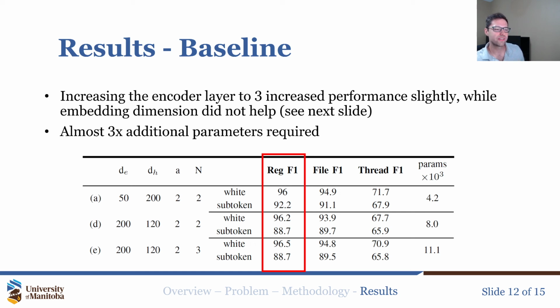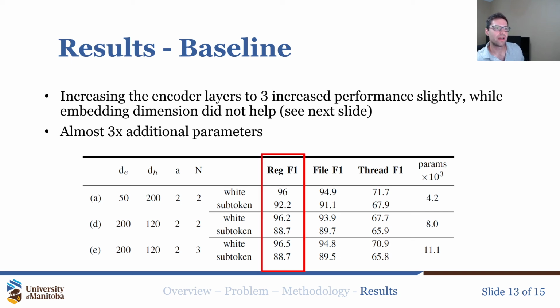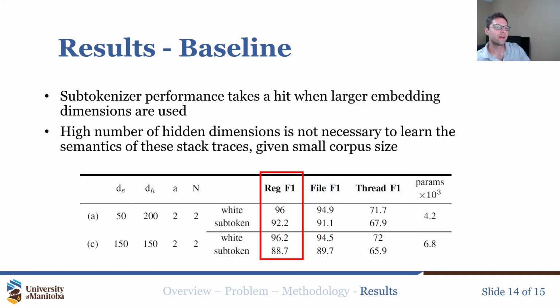But when we did increase the number of encoding layers and maybe decrease the number of hidden dimensions, we did note slight increases in performance, as high as 96.5 for our best model, but that is also at a cost of 3 times additional parameters that were required to be learned. And finally, again, this is just bringing back subtokenized performance. When we did use higher embedding dimensions, this is a comparison of model A to C, we did see that large decrease in performance just for the subtokenized version.